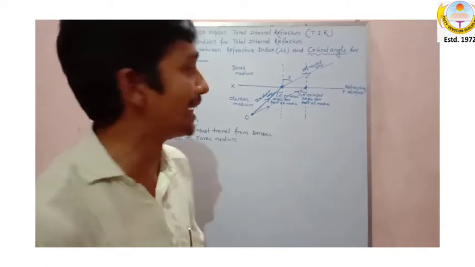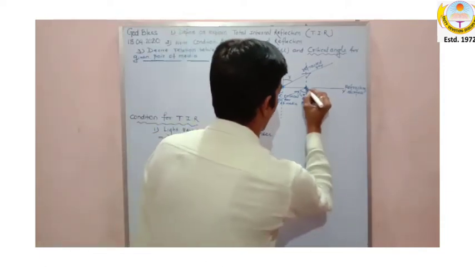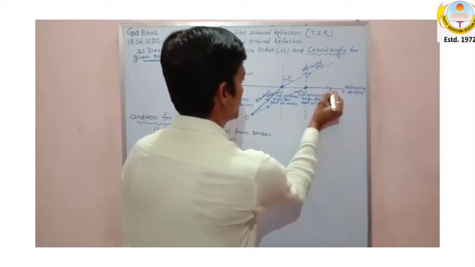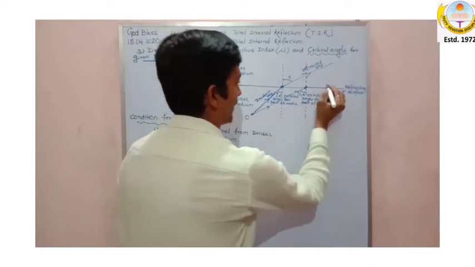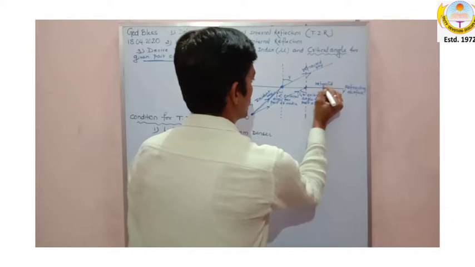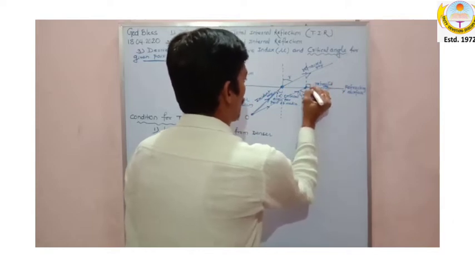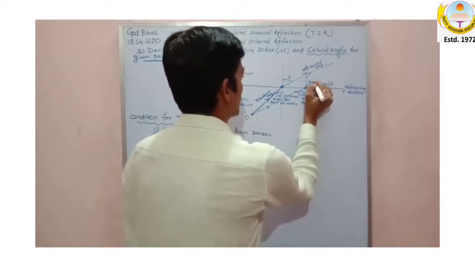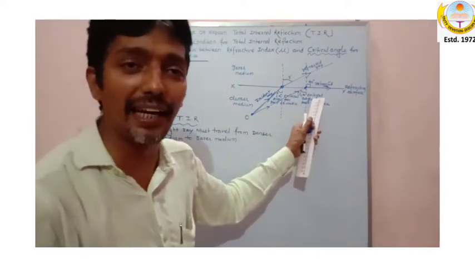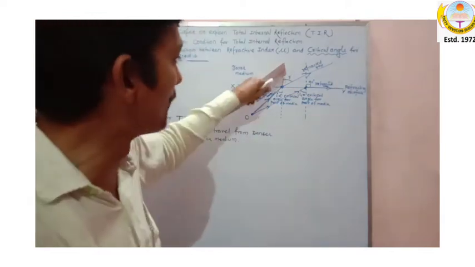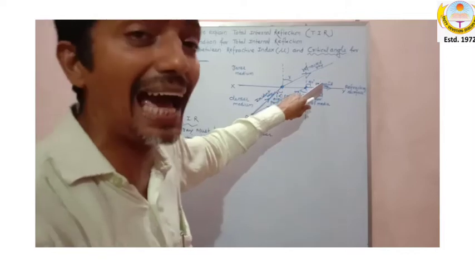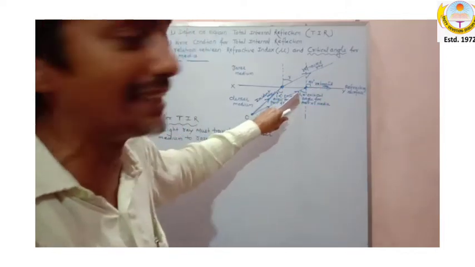What happens? This time the refracted ray will go like this. This is the refracted ray, and it makes an angle of 90 degrees, you can see. It makes an angle of 90 degrees this time. Earlier the refracted ray was this, but now the refracted ray is in the rarer medium, because the incident ray is in the denser medium.